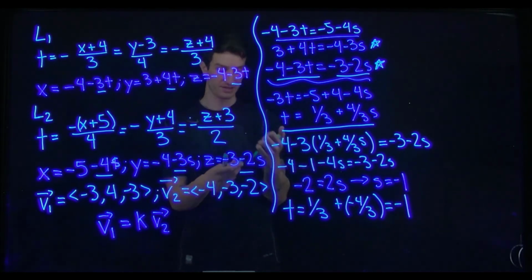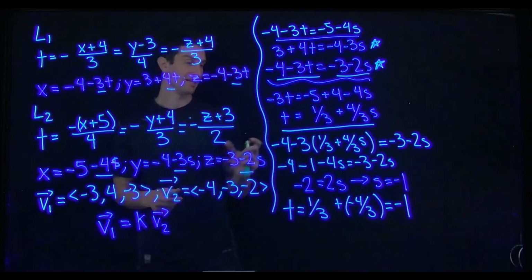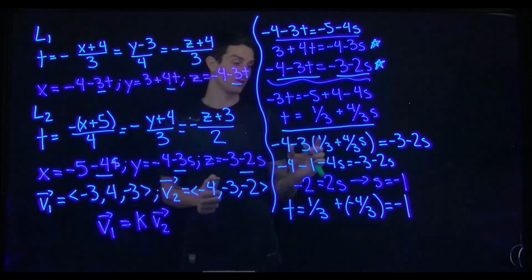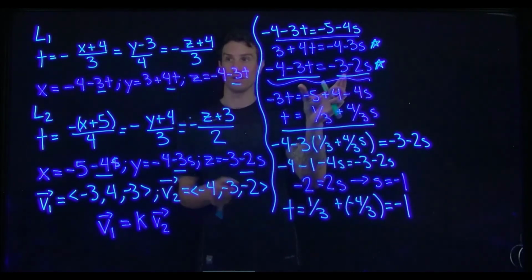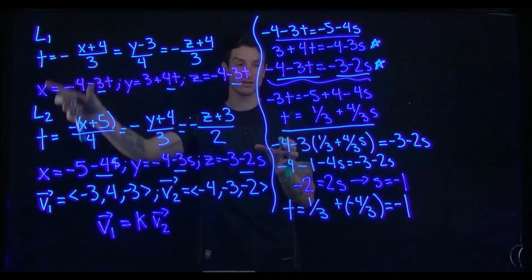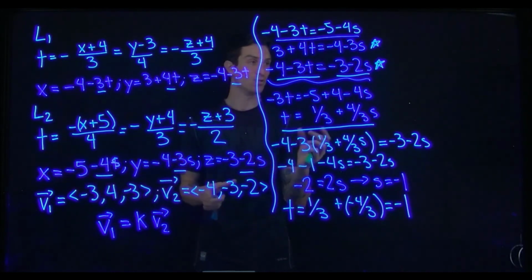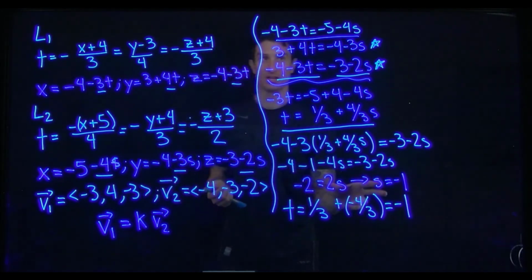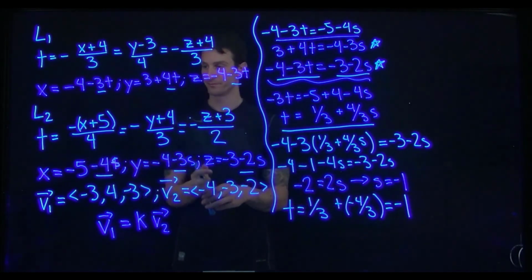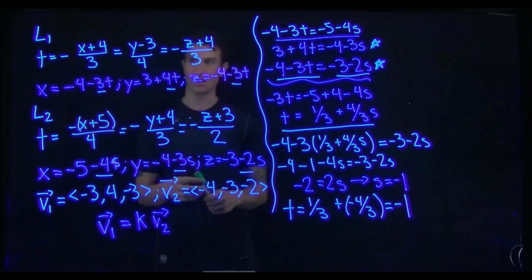So guess what? These are indeed intersecting lines. There's going to be a value that works. So let's go ahead and take this value and plug it in to either one of our line 1 or line 2, and it will give us the point that we intersect at. Right, so let's go ahead and check and see if this is true. So let's plug it into, we'll do L1.